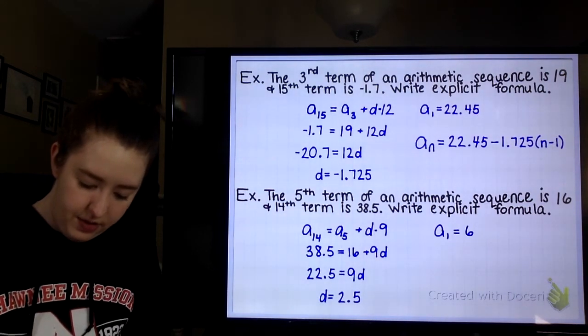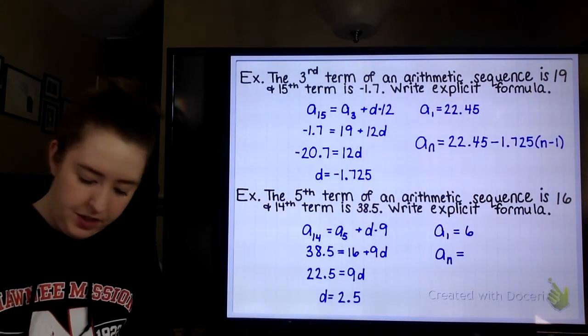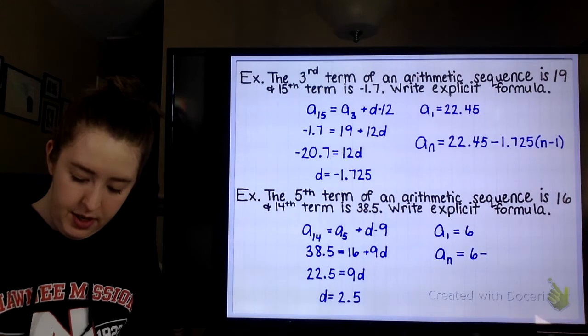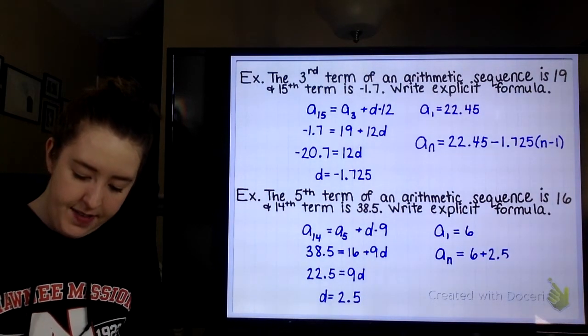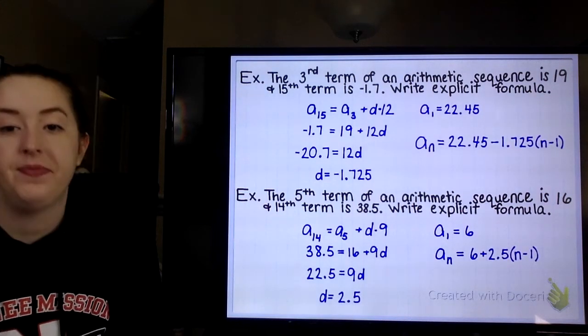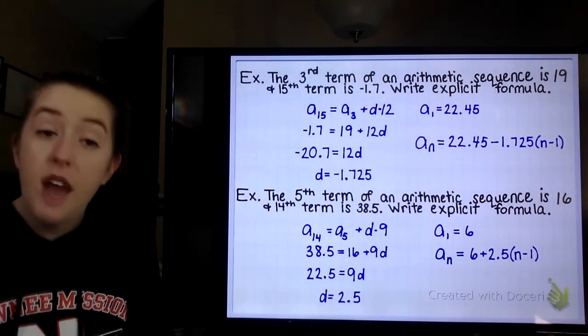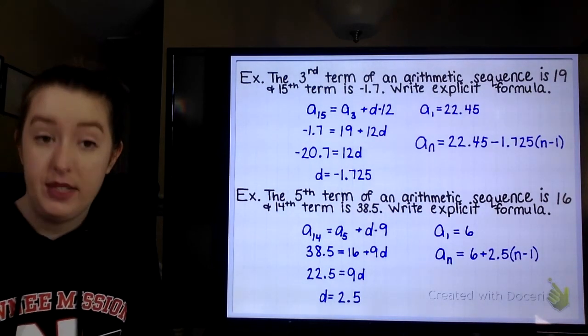All right, so a sub n equals my first term, which is 6, plus my common difference, which is 2.5, times n minus 1.